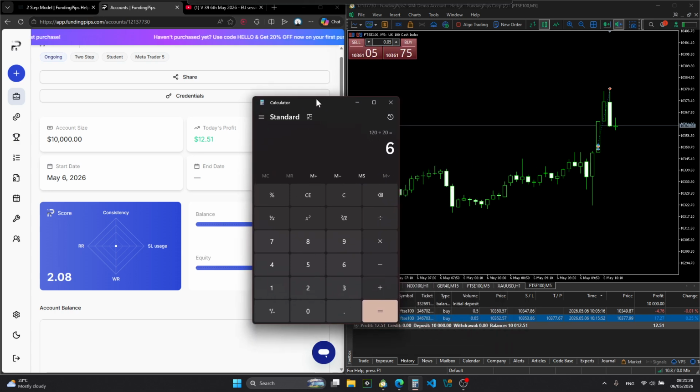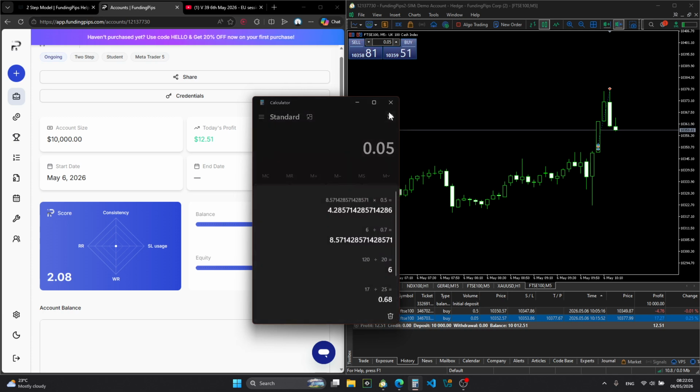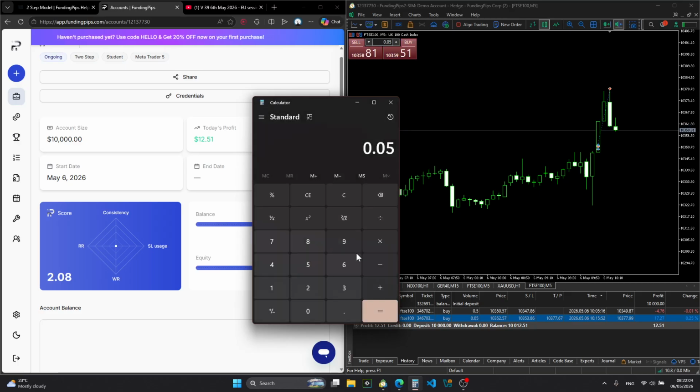Really bad at math. I just 96 gives 0.7. I divide 6. If I do 4, 0.05, 0.42, I guess. So I need to do 0.4.